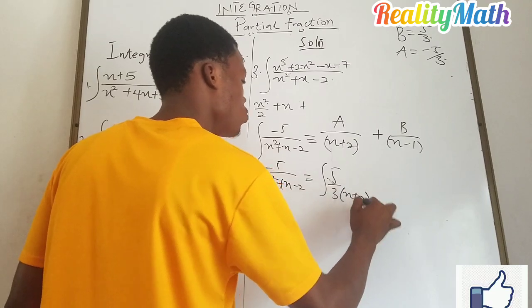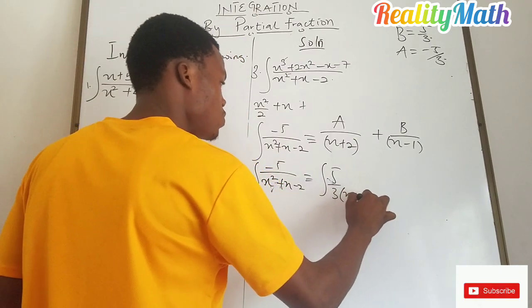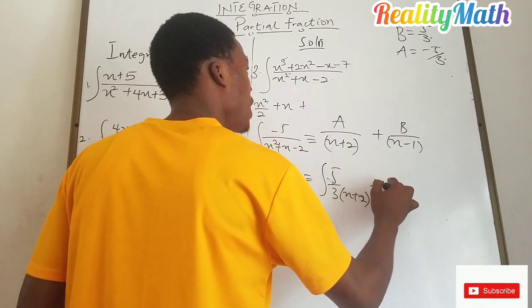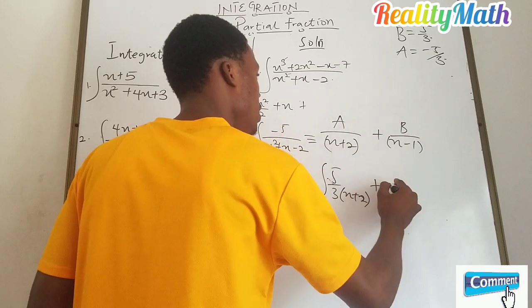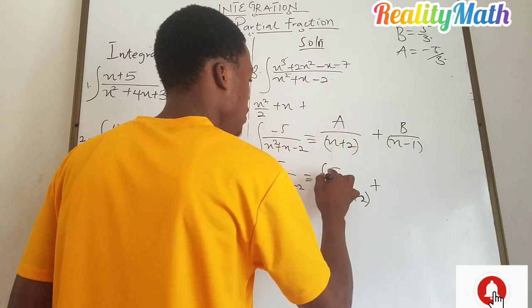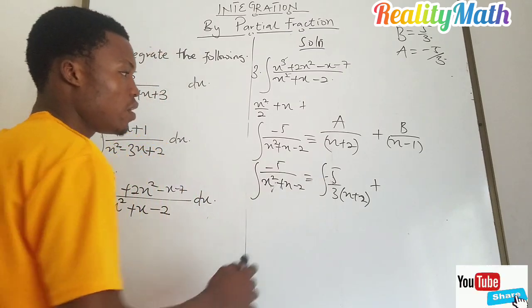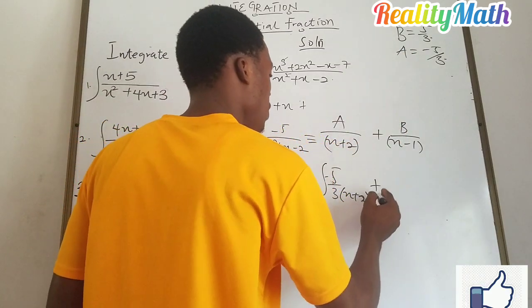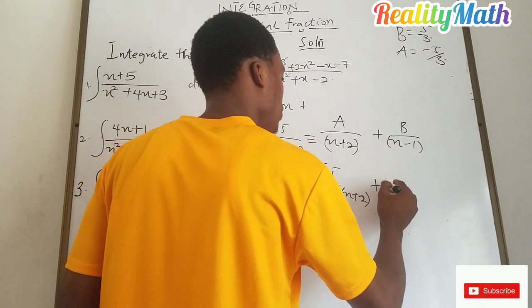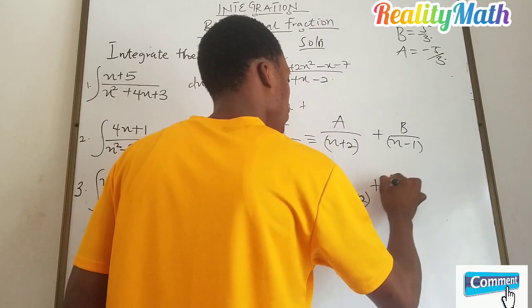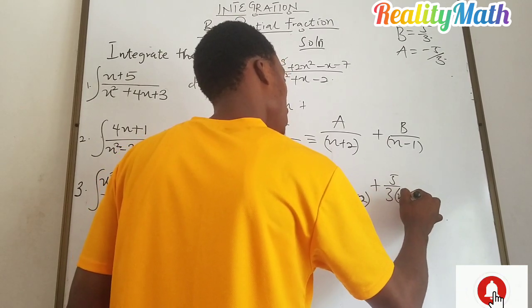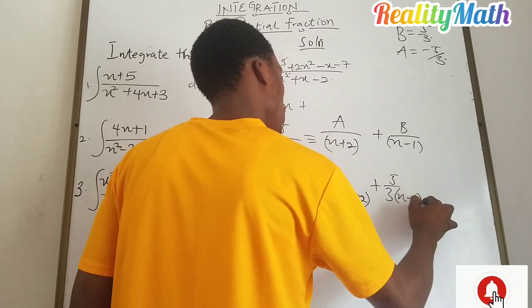X plus 2. Okay, this is what? X plus 2, and then this is plus our b, sorry, our a is minus, so let's put our minus there, minus 5 over 3, and then our a is what? 5 over 3. Sorry, our b is 5 over 3. So that is going to be 5 over 3 x minus 1.